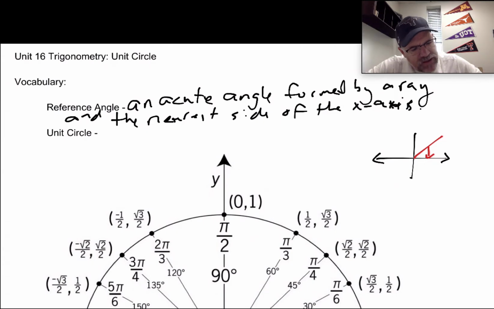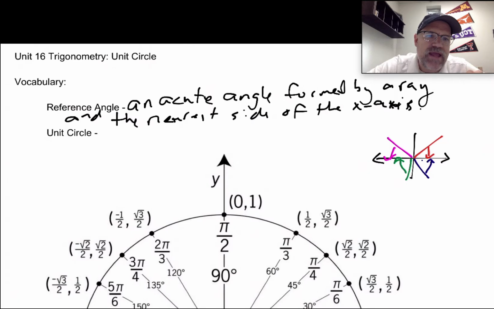Whereas if I was coming out this direction, I'd be going from this ray down to this section, because that would make this acute angle. Now it's positive and negative, so I could even come down and do it this direction, and then I'd be talking about this angle, or I could come down in this direction, and then I'd be talking about this angle here.